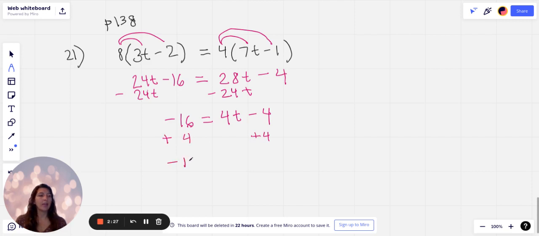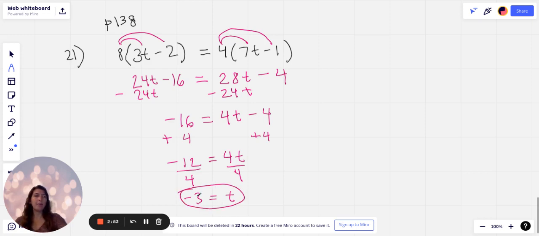I get negative 12 equals 4t. I don't want 4t, I want 1t, right? And this is a multiplication, so I'm going to divide by 4 on both sides. So we get t equals negative 12 divided by 4, which is negative 3. That's my answer for number 21.